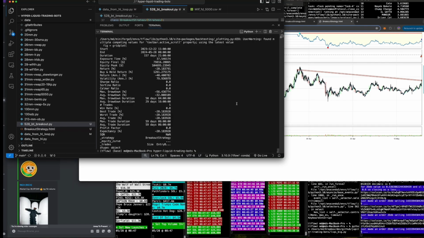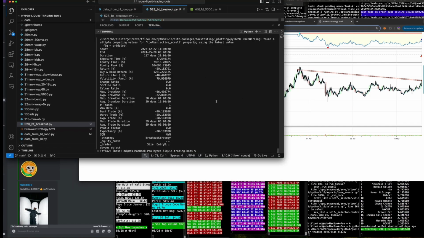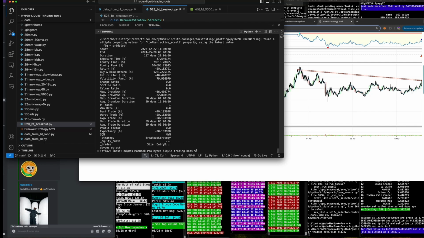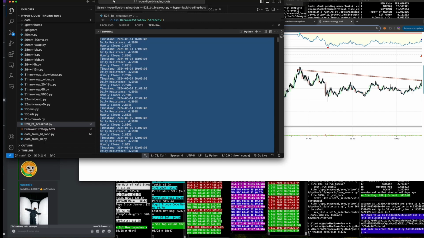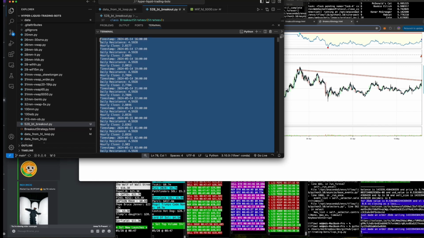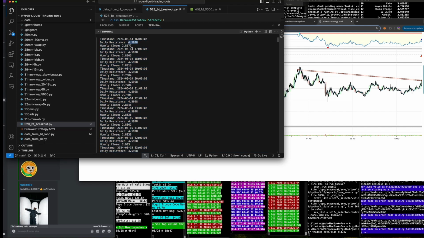The ATR, maybe that's it. Maybe the ATR is based off the wrong thing. Yeah, that could be it. Okay, let's go ahead and give it all the trades. Well, that's not all of them, but you can see the daily resistance is 4.5.